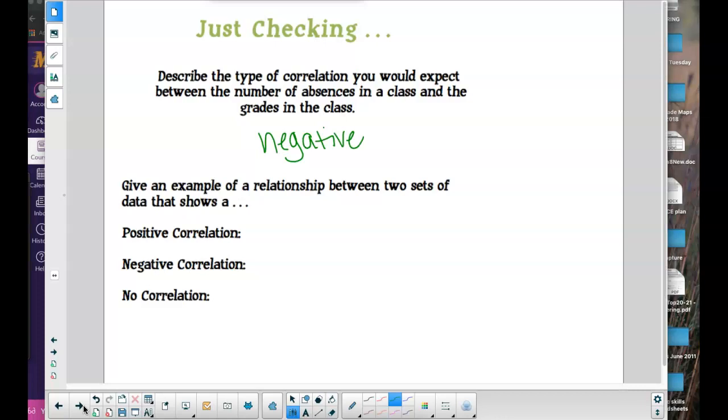Can you think of your own example of a positive correlation? Maybe think of two things that would have a positive relationship. Or at home, if you can think of something, type it in the chat.